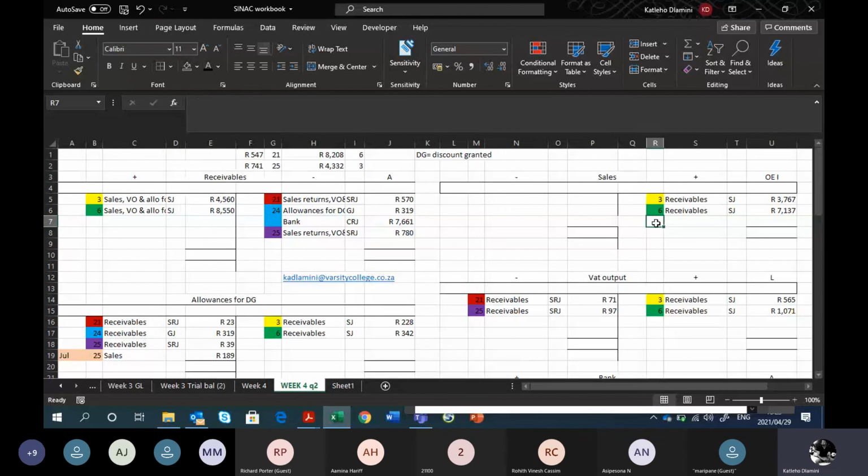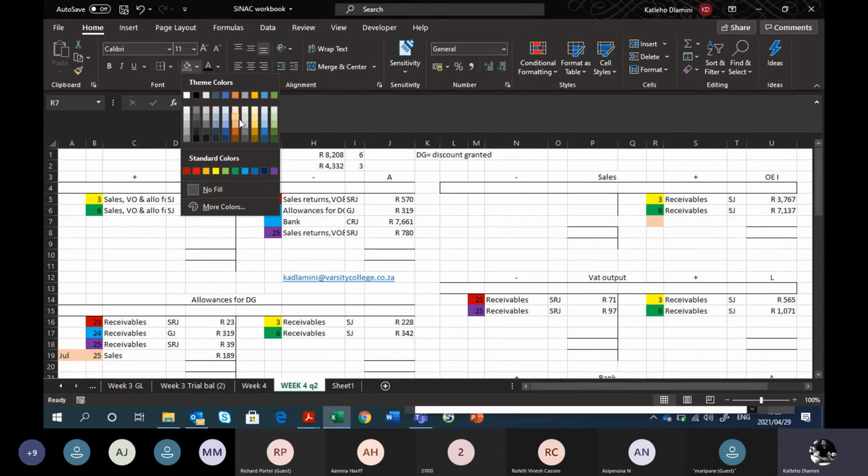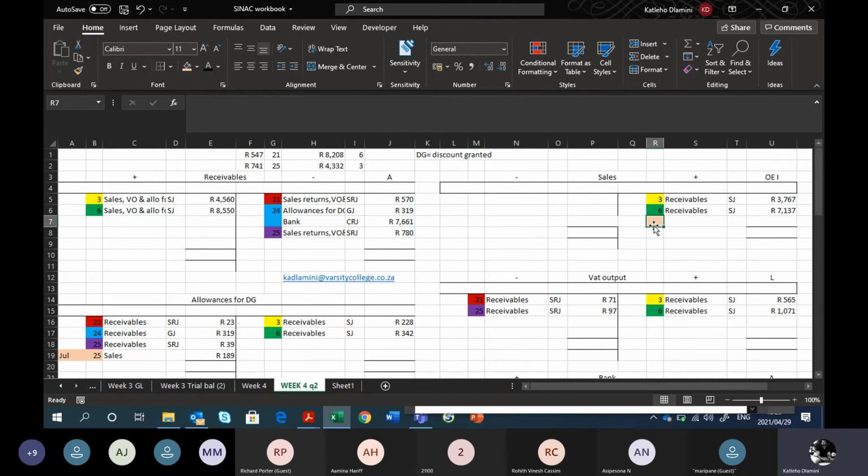Undo that. Or rather, I should have just left it. Fifth of July. We have allowance for settlement discount granted. I'm just going to copy this one here. So that's going to be your GJ.